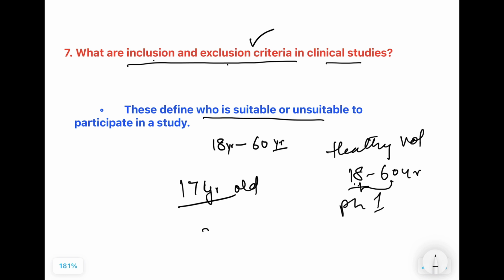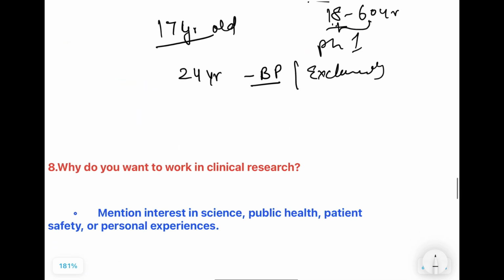Suppose someone's age is 24 years but has a BP issue, that person will be excluded. Because healthy, maybe underweight, one easiest example. A person is looking healthy, fantastic and everything, but when they checked his or her weight, it was not up to the mark, that can also be excluded. So that is admission criteria in the simplest language you can keep in mind.